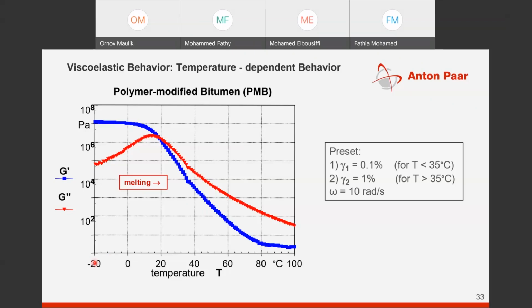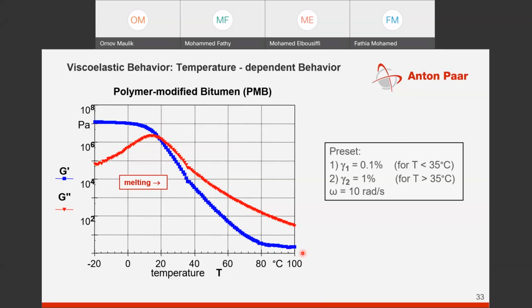And here you can see data from minus 20 to 100 degrees Celsius, where at lower temperatures your G prime is dominant over G double prime. That means your bitumen sample acts as a solid material. As you increase the temperature, at around 20 or so, there is a crossover, after which G double prime starts to dominate over G prime.